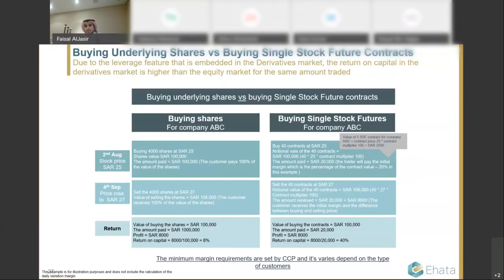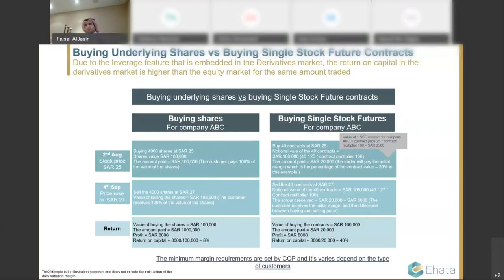In this case, the initial margin is not 10%, so let's assume it's 20%. You just put 20,000 into that investment, so instead of putting 100,000 as in the first case, you just put 20,000. So what happens on the 4th of September? For all the 40 contracts, the price goes to 27. It went up, you are a buyer of the future, so you made money. You sold that contract at 27, and the exposure is now 108.